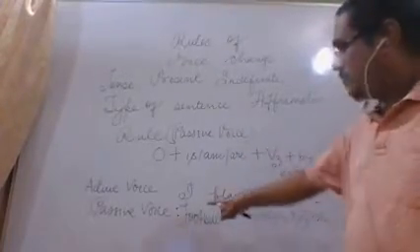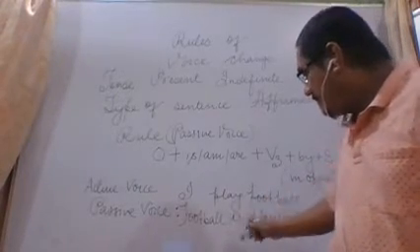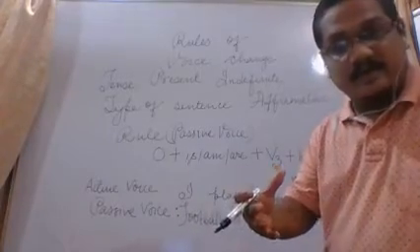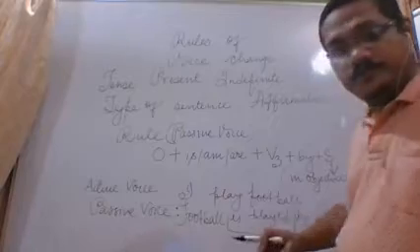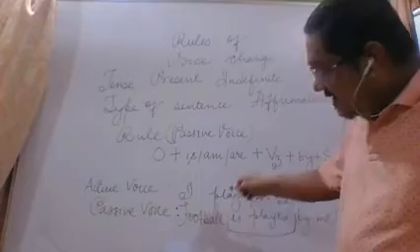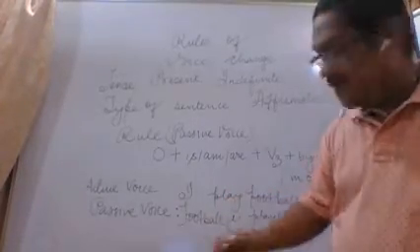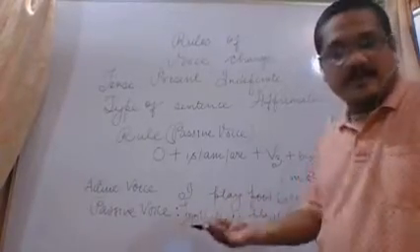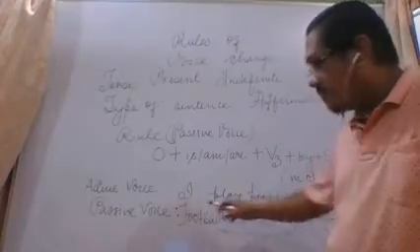I. Then what will be the tense, in fact, of this phrase, is played, in active form? Play. It is I, that is why play. I play. And football will remain football, so I play football.